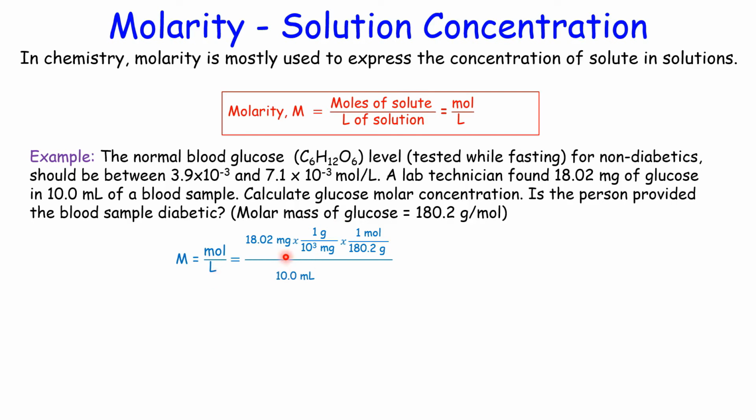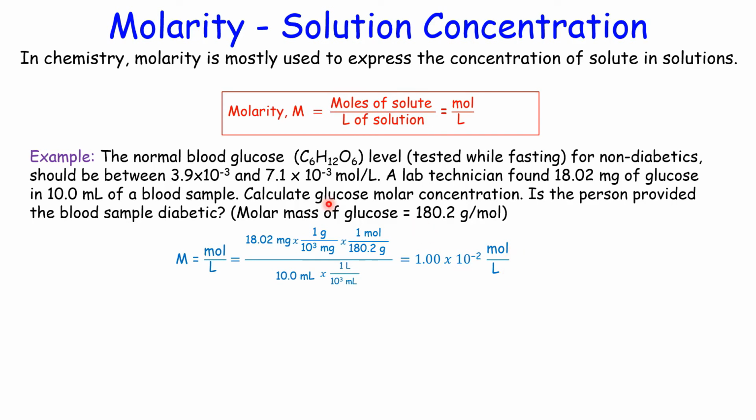But what's given here is in milliliters. So therefore, first we need to convert from milliliters to liters. And now, of course, we have moles on top and liters on bottom. Then the answer for this question is 1 times 10 to negative 2 moles per liter.